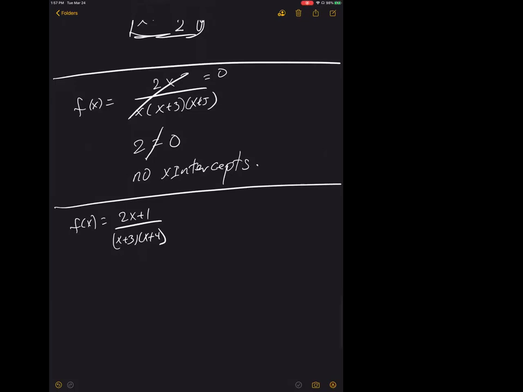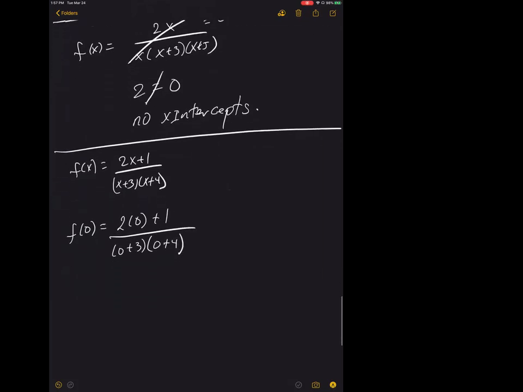I just plug in 0 and I simplify. 2 times 0 plus 1 divided by 0 plus 3 times 0 plus 4. So that is equal to 1 over 3 times 4, that's 1 over 12. Your y-intercept is at 0, 1/12.